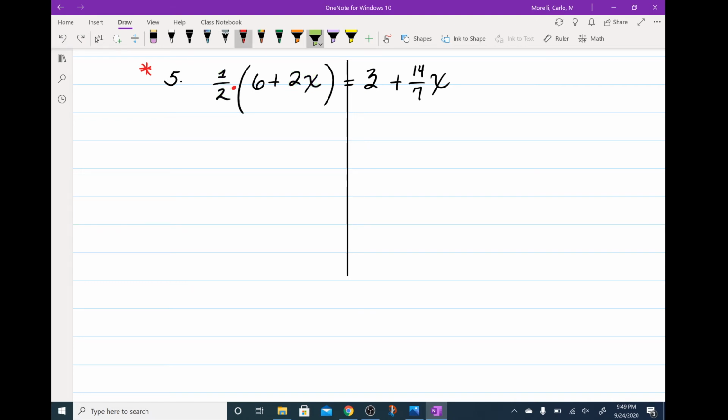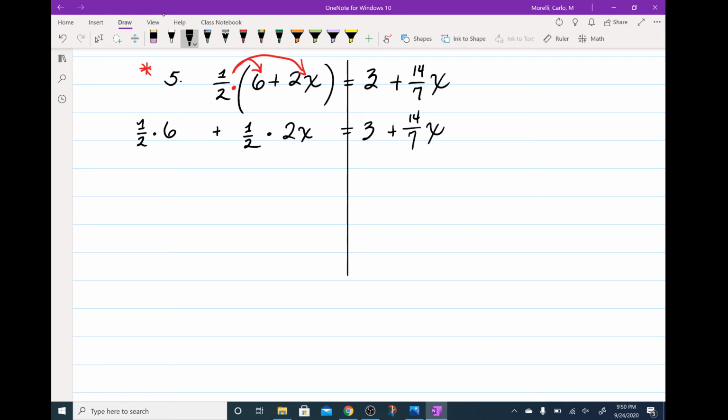That's called distribution or distributive multiplication. Let's write out the whole step here. So it's 1 over 2 times 6 plus 1 over 2 times 2x equals 3 plus 14 over 7x.